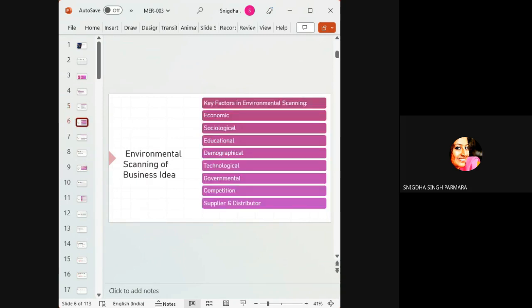The next is environmental scanning of the business idea. Environmental scanning, as in, before floating a business idea, the entrepreneur basically monitors the environment systematically, so as to understand if the environment is suitable for the creative idea or not, so that it could be further translated into some product or service.